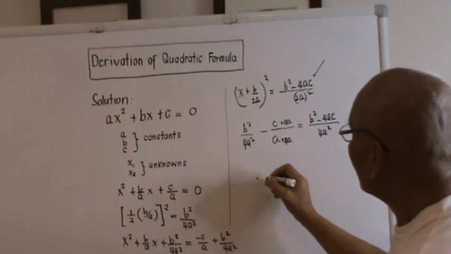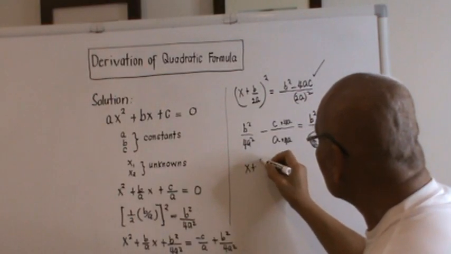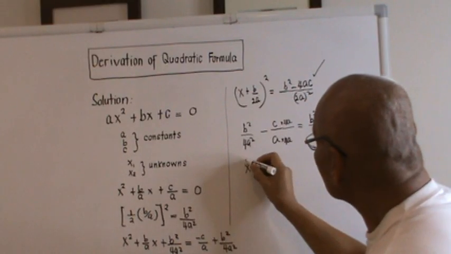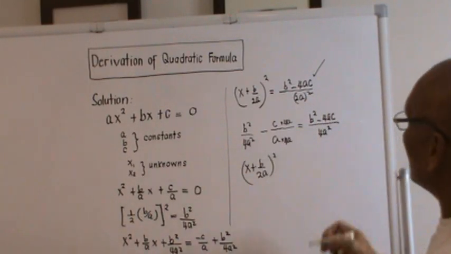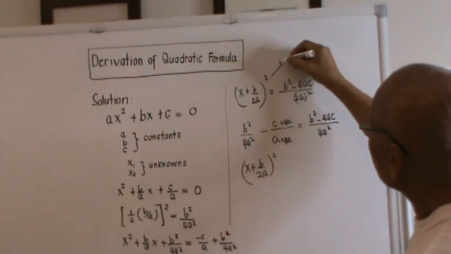Okay, then what do we do? x plus b over 2a quantity squared.